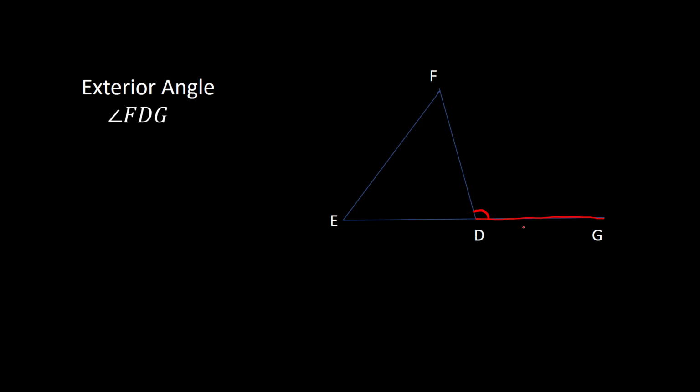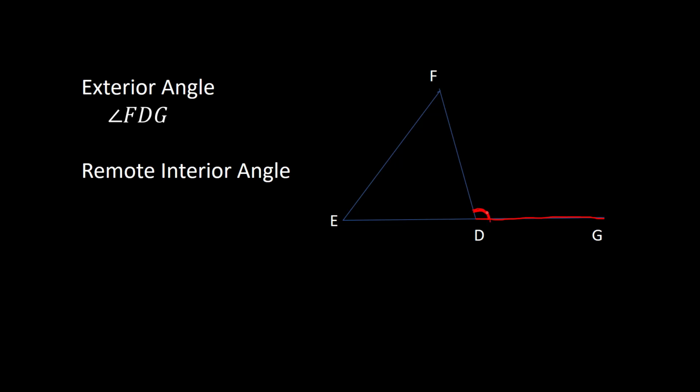And then also we have what we call remote interior angles. Now the word remote means isolated, and interior means inside. So we have isolated interior angles. Well, isolated from what? What we mean is isolated from this exterior angle.